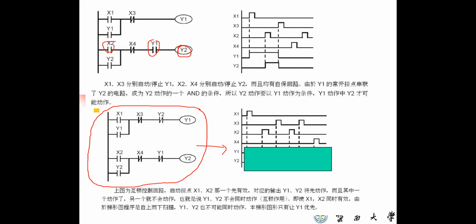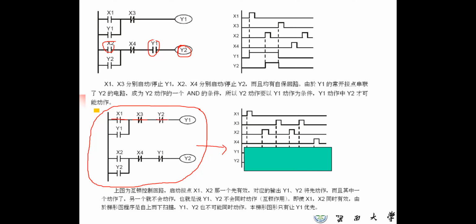So we can see this node is conduction. And this one is conduction. And Y2, the initial value is 0.